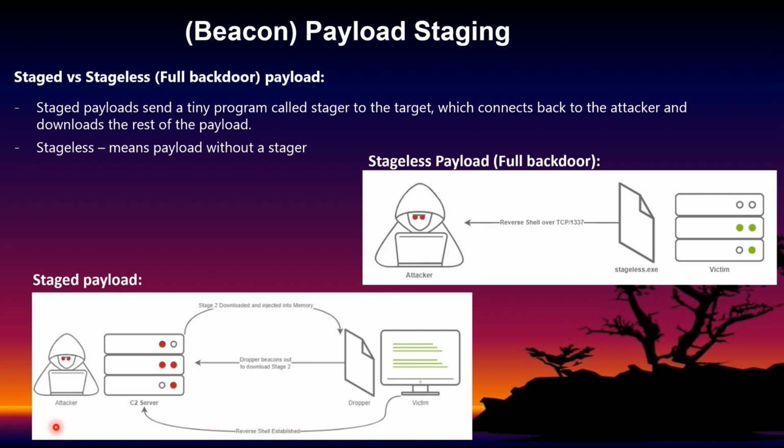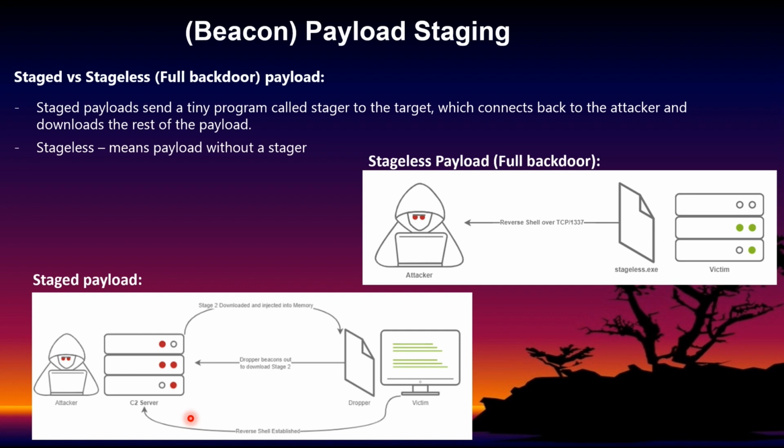In the screenshot, our victim is tricked into running a dropper, which beacons out to the attacker's server to receive a second stage, which is then injected and executed in memory, which triggers a reverse shell callback, as you can see here. A staged payload has to beacon out to another device, basically.